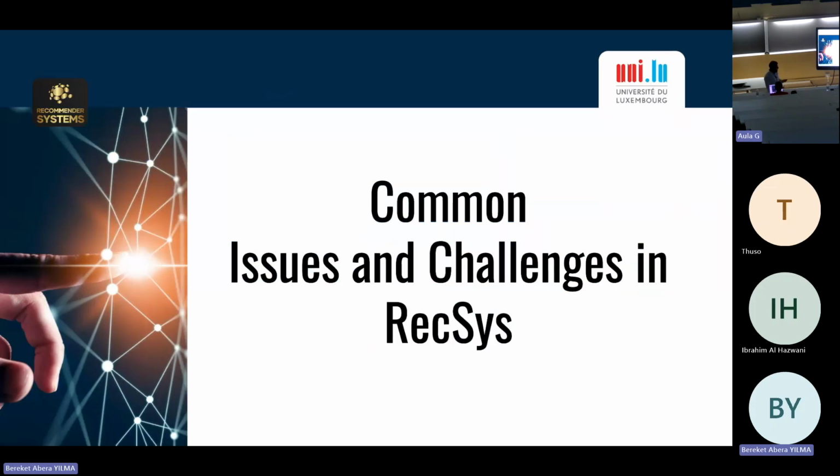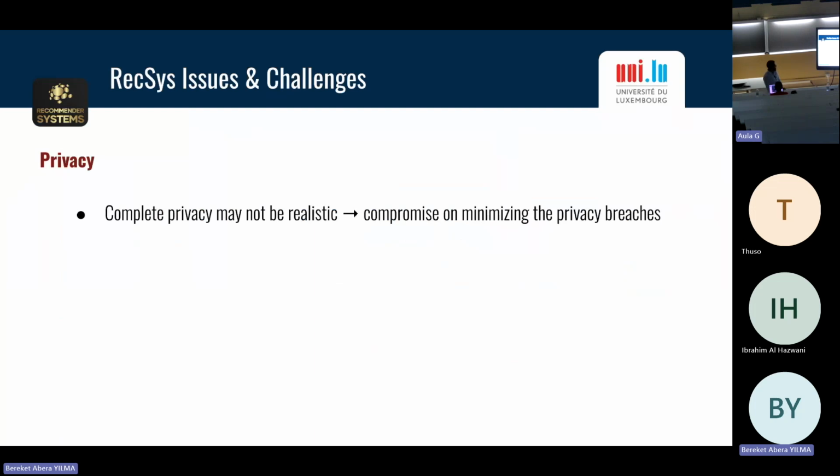Now let's talk a little bit about some common challenges and issues in RecSys. First is privacy. What do you think is an issue in RecSys?